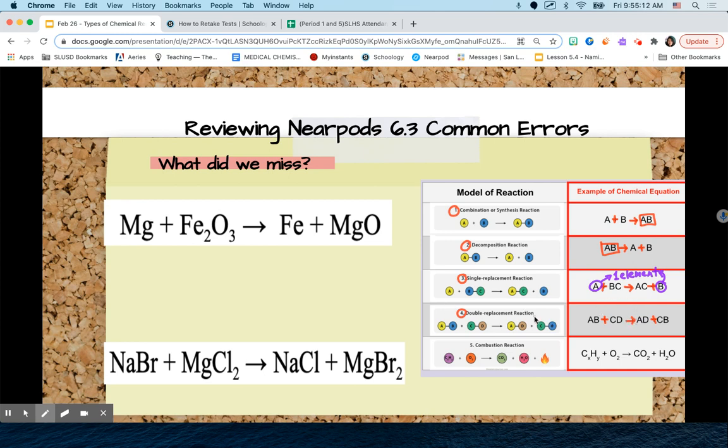And for a double replacement reaction, they're going to be all molecules, which means I have 2 or more elements.